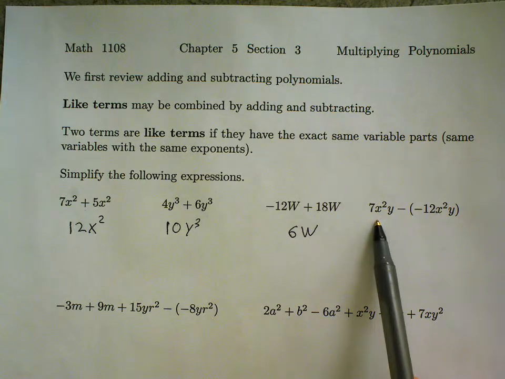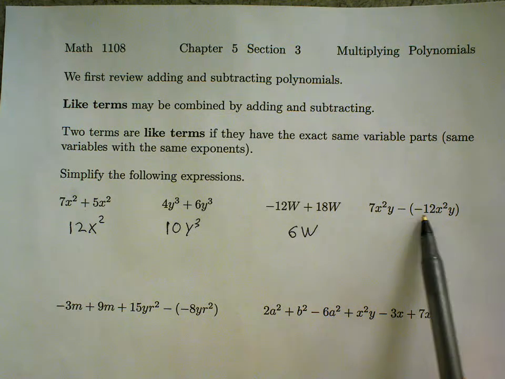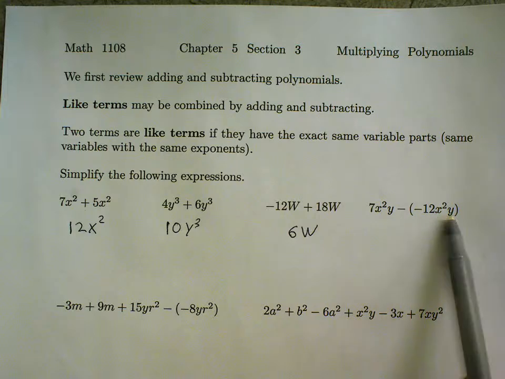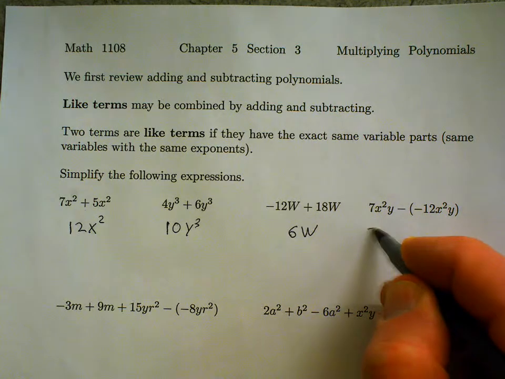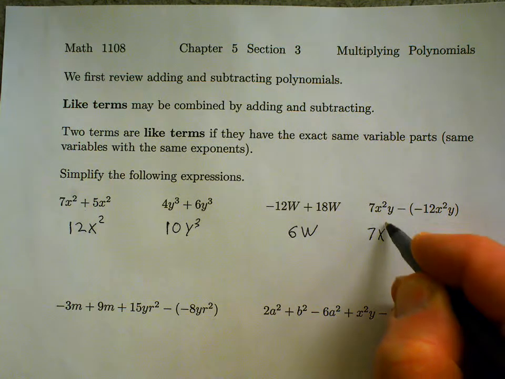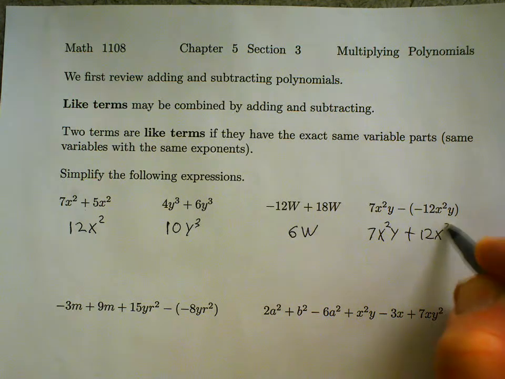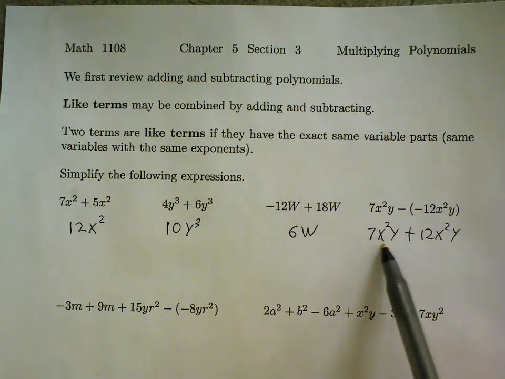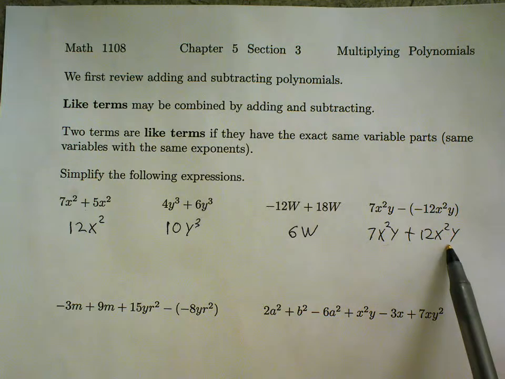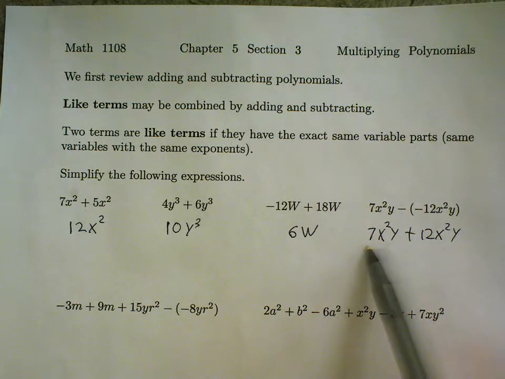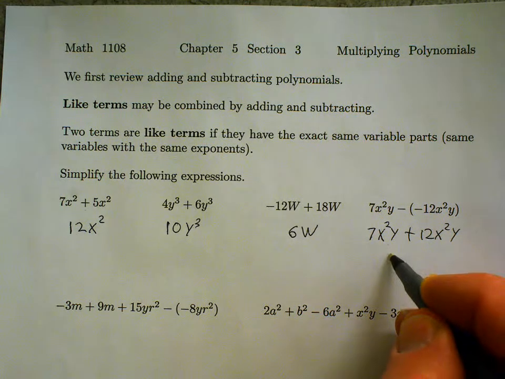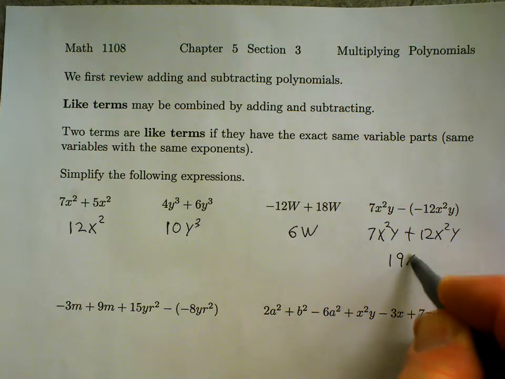This one, 7x to the second y minus negative 12x to the second y. We can rewrite this as 7x to the second y plus 12x to the second y. The variable parts are exactly the same, so we can add the terms, and we get a total of 19x to the second y.